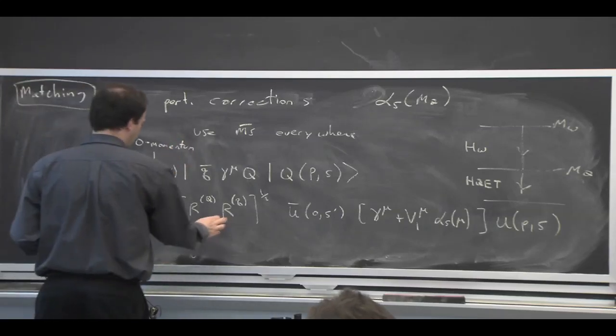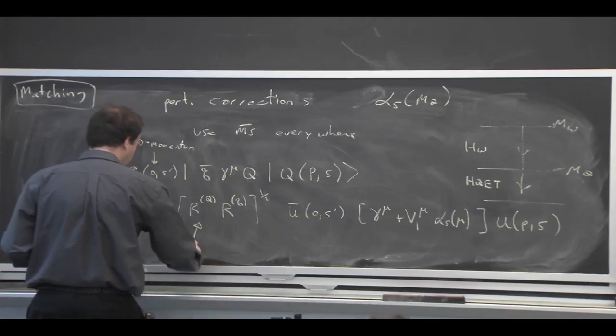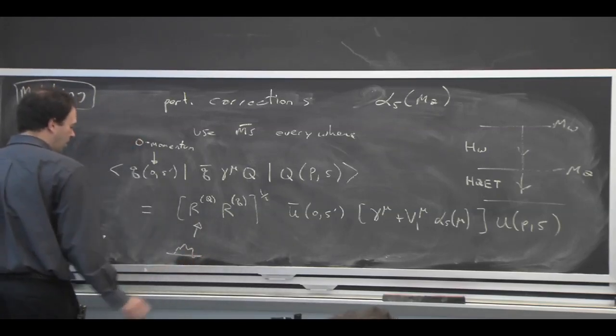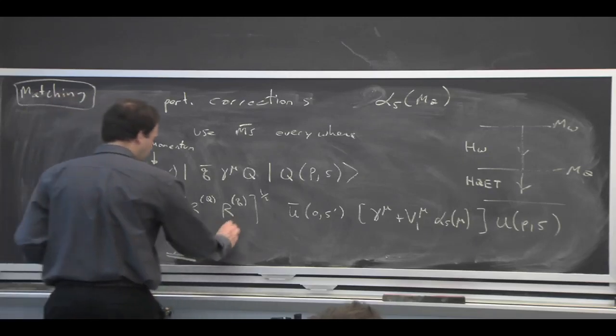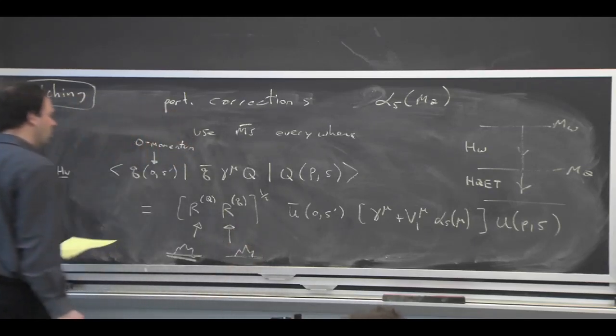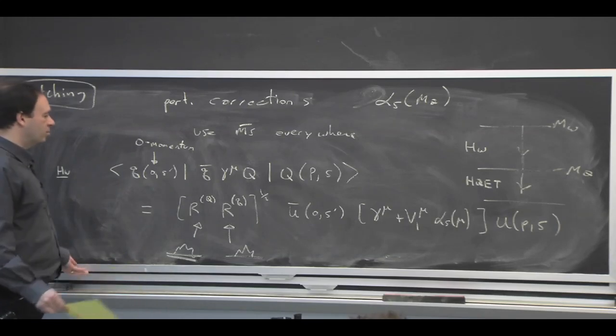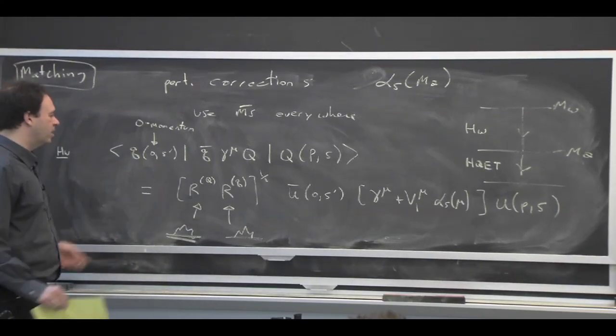These R's are residue factors that come in. So far when we calculated the wave function normalization graphs, we just took the divergent piece. And if you do that, when you do the matching computation, you have to use LSZ. And so the finite pieces come back in, and you call them residues.